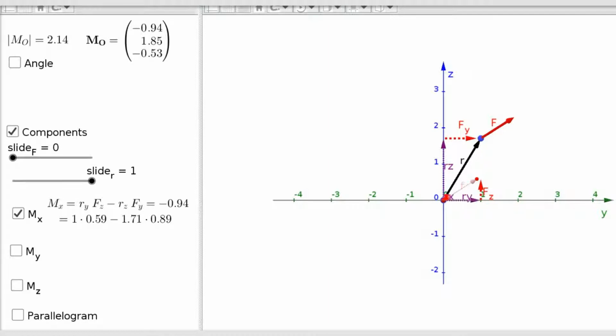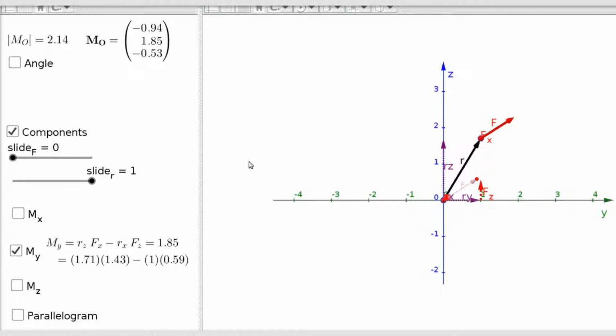And we see that just as in 2 dimensions, actually this is the same calculation we did in 2 dimensions. Fy and Fz. So it's the same equation we used in 2 dimensions for the moment in x.